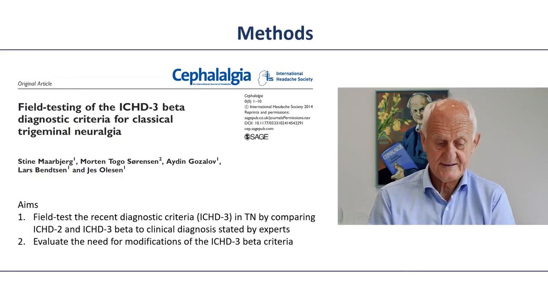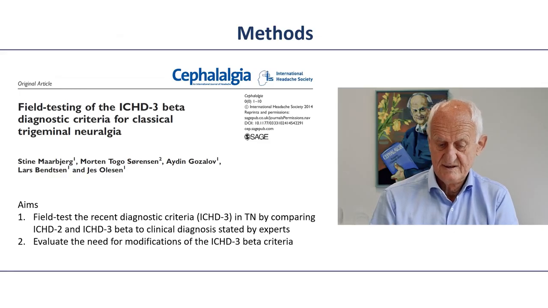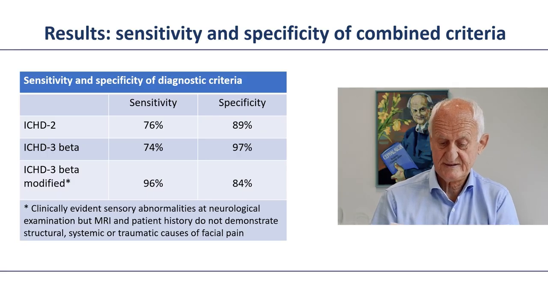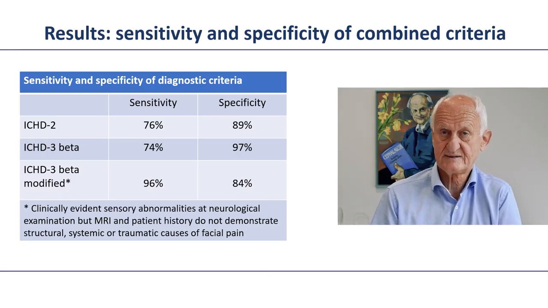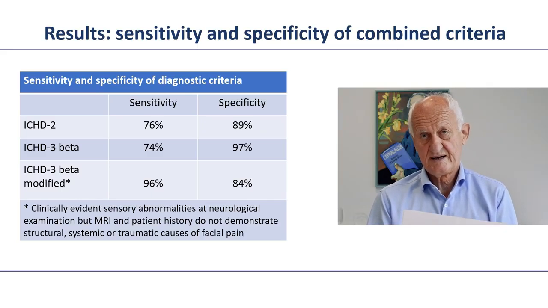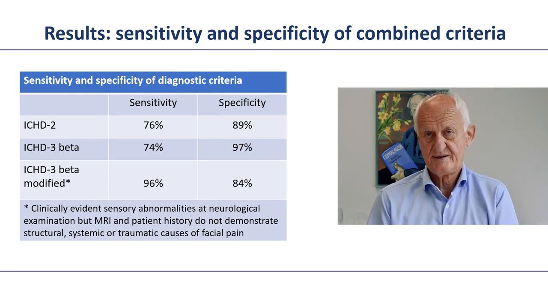And you can see that ICHD-3 beta was not very sensitive, but it was very, very specific. The proposed criteria turned this around to make it very sensitive and less specific. And I think that is what we really want, because you want to diagnose the patient, you want to find all the patients, and then you can always characterize them with a number of other tests, and thereby obtain more specificity.